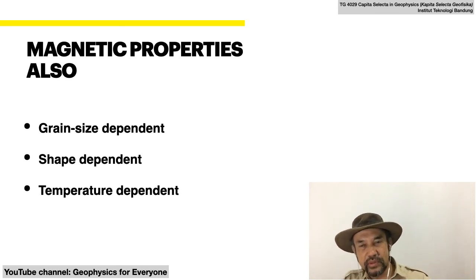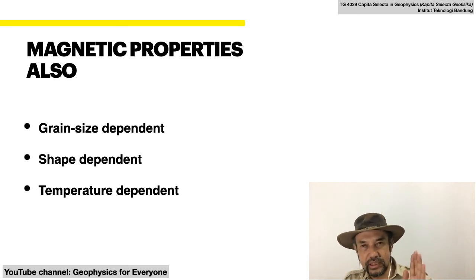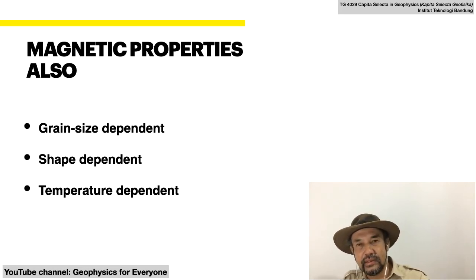The magnetic properties are also temperature dependent. As mentioned earlier, the magnetic minerals would lose their magnetic properties at the Curie temperature. So normally the minerals will be less and less magnetic as you heat them up.